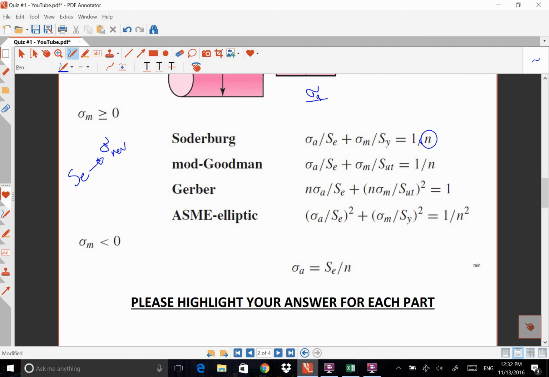That's sigma a over SE plus sigma m over Sy equals 1 over n. If I was asked to find reversed stress, I need to change this one to reversed stress. Then I can solve this equation for reverse stress. Okay.